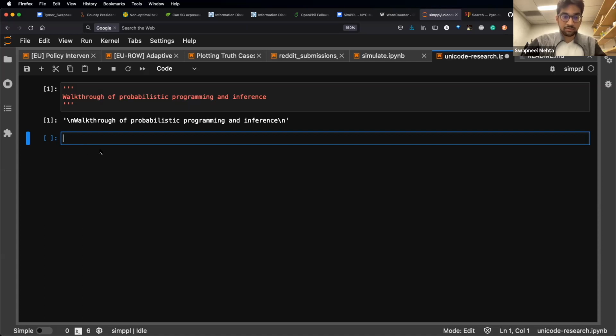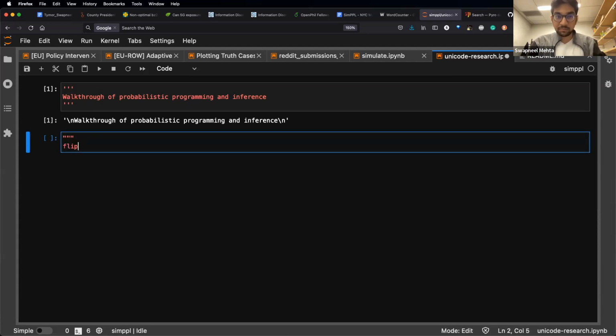So to start off, let's say I want to write a function to generate a bunch of coin flips. A fairly straightforward task.